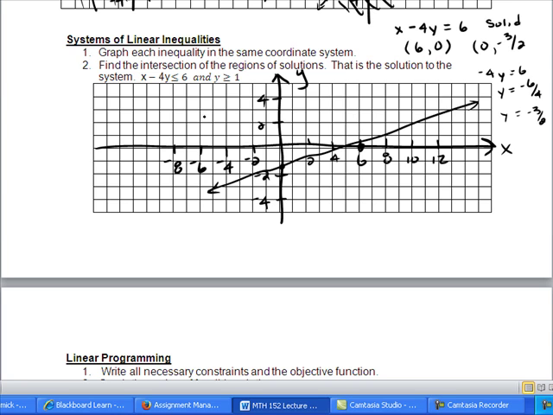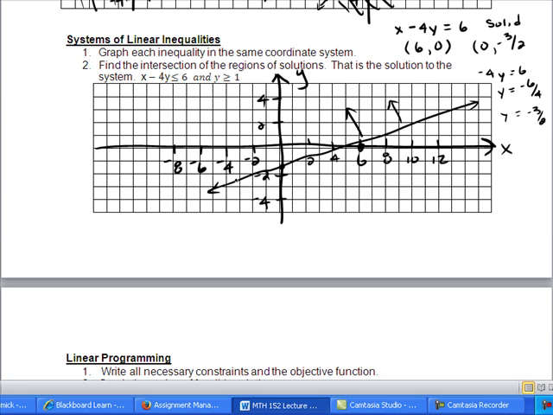Alright, y is greater than or equal to 1. Here's y equal to 1, and it is greater than or equal to 1, so that would go up.